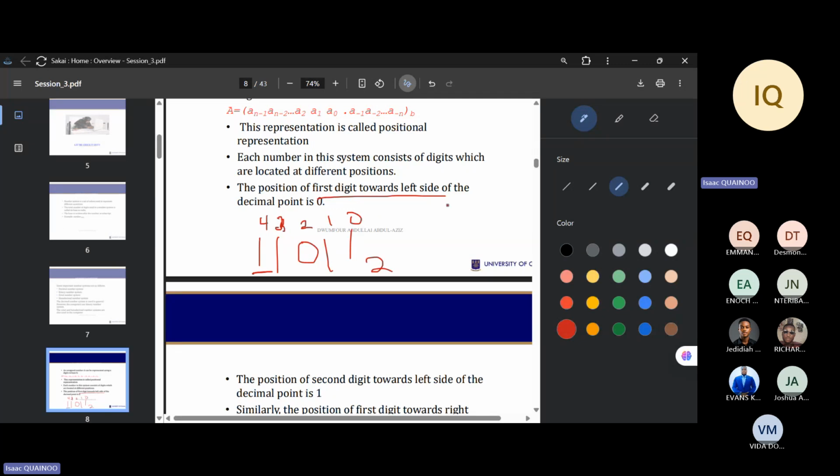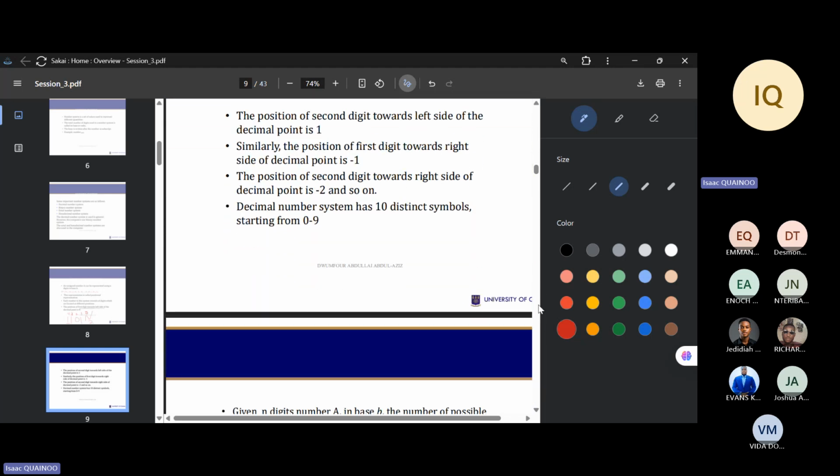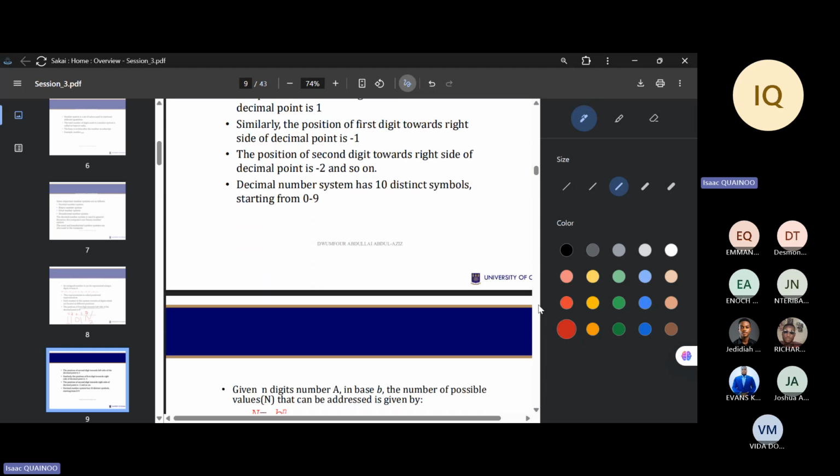So you just look for the rightmost number in that particular number system, and you label that as 0. And the number that comes before that, the position is 1, then 2, then 3, then 4, etc. So the position of the second digit towards the left side of the decimal point is 1, similarly, etc.